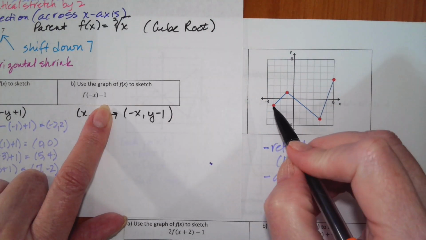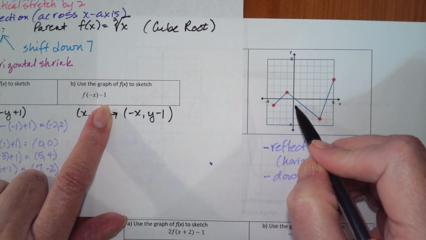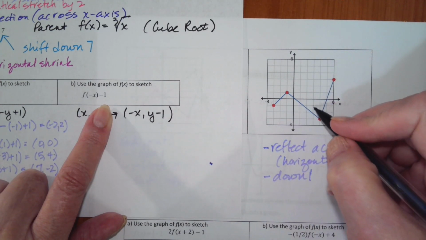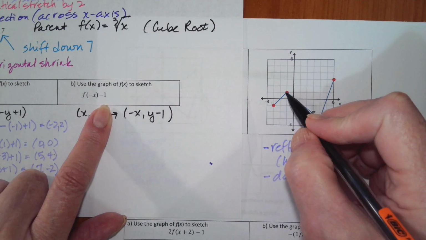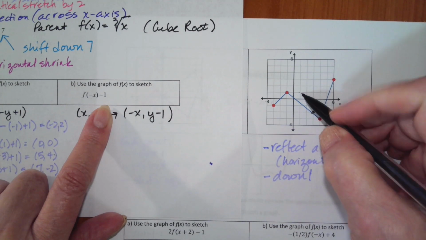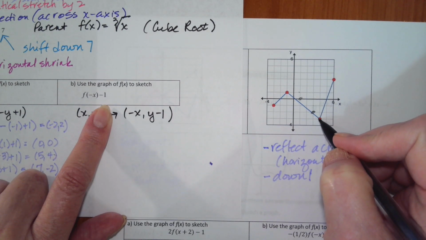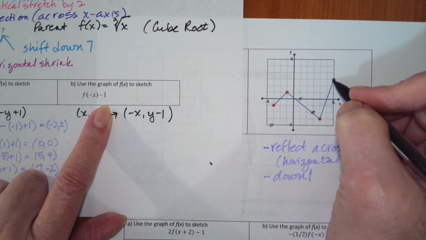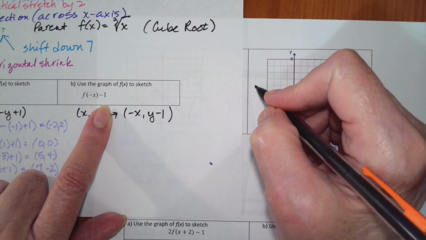So I'm going to move this point, the -3 is moved across to +3 and then moved down 1. This point, I'm going to reflect it and move it down 1. This point, I will reflect it and move it down 1. And this point, I will reflect it, and it has to go way off over here, and move it down 1.